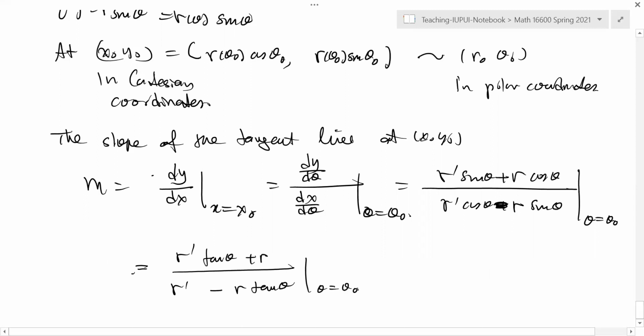So there you can quickly compute the slope. Given the polar equation, you can always get the Cartesian equation, then use that to find the slope of the tangent line and the length.